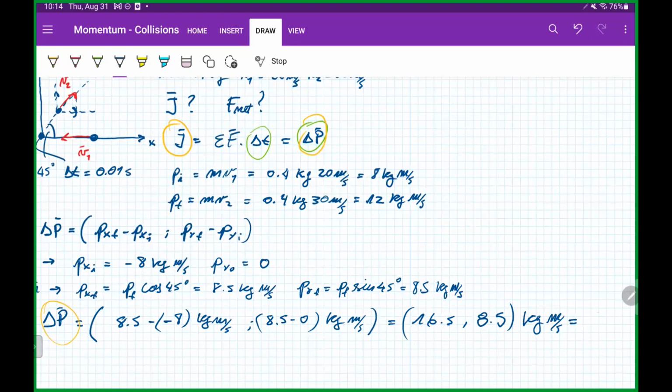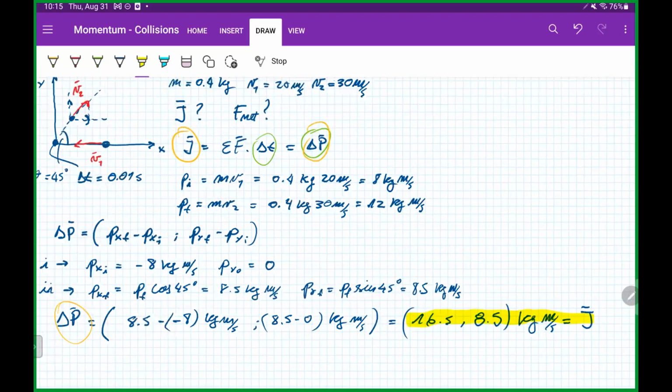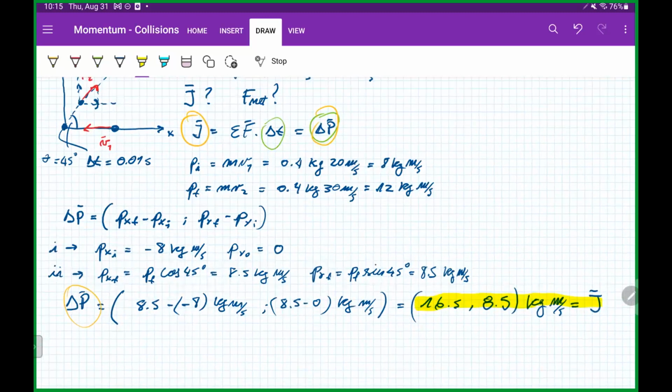And that's J. The vector J, right? So we're giving the whole vector. So that's the impulse that is being applied to the ball in order to get that outcome after the kicking.